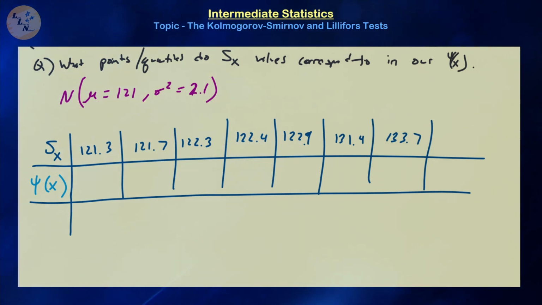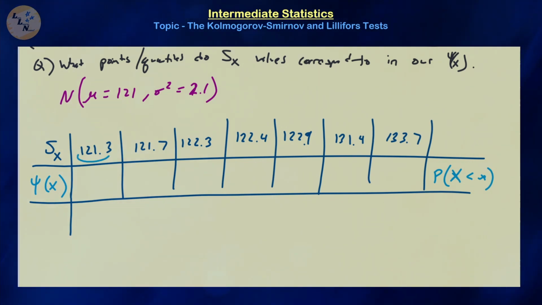How do we find these values? These values are the probability that capital X is less than these little x values. So what is the probability that a person has a blood pressure less than 121.3 if we're sampling from that distribution? You should know how to do those probability values.